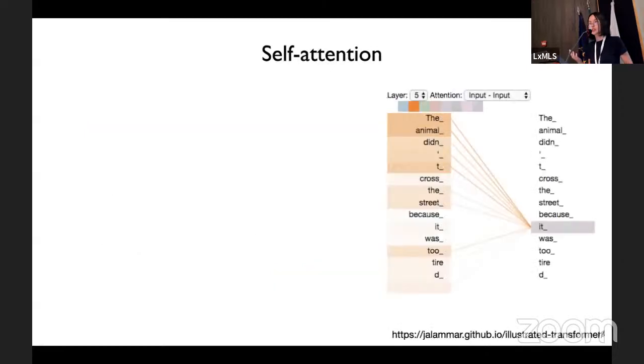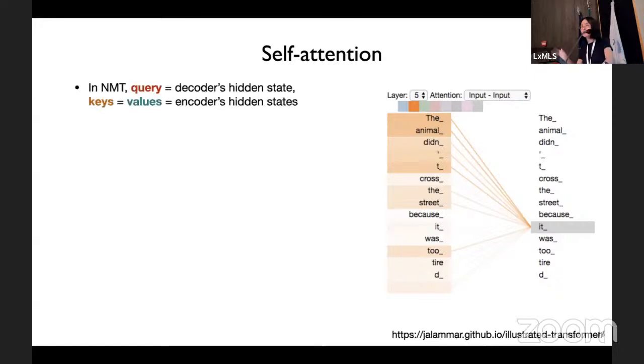Then what is self-attention? That's a kind of general form of attention. In the sequence-to-sequence models, or in the neural machine translation case, the query is always the decoder's hidden state at the current time step, and the keys and values are all the hidden states on the encoder side.